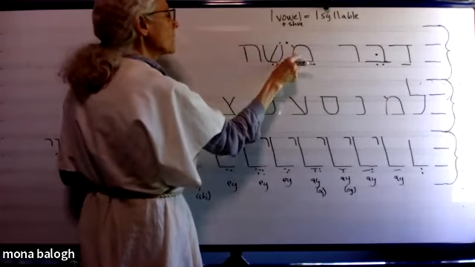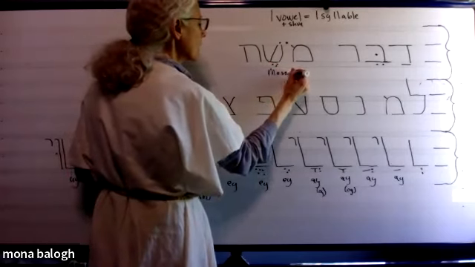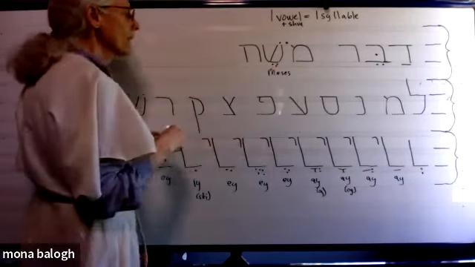One vowel, one syllable. Moshe. That's Moses. That's how you spell his name in Hebrew.